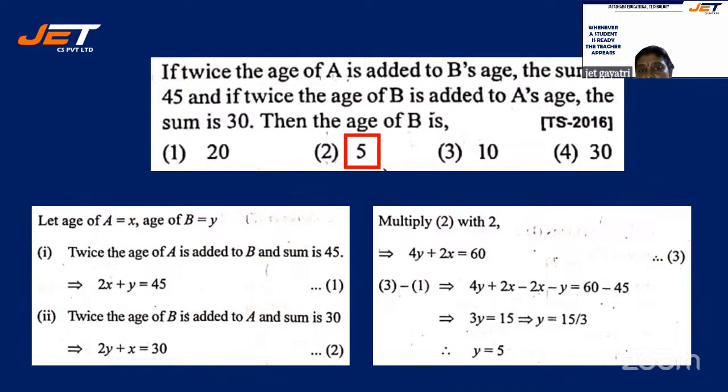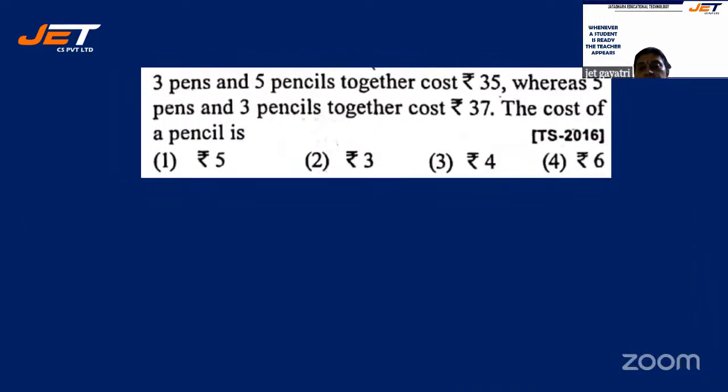The second one, 2y + x = 30. So now you need to find the value of y. Just substitute. You can use the substitution method or linear equations, and you can find the value of y as y = 5.